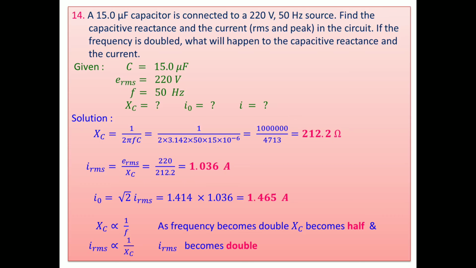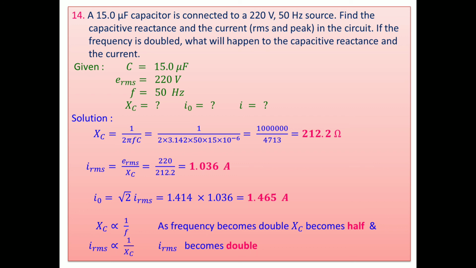Thereafter we go to another numerical. Number 14. A 15.0 microfarad capacitor is connected to 220 volt. The capacitance of the capacitor is given, 15 microfarad. 15 microfarad means 15 into 10 raised to minus 6 farad.